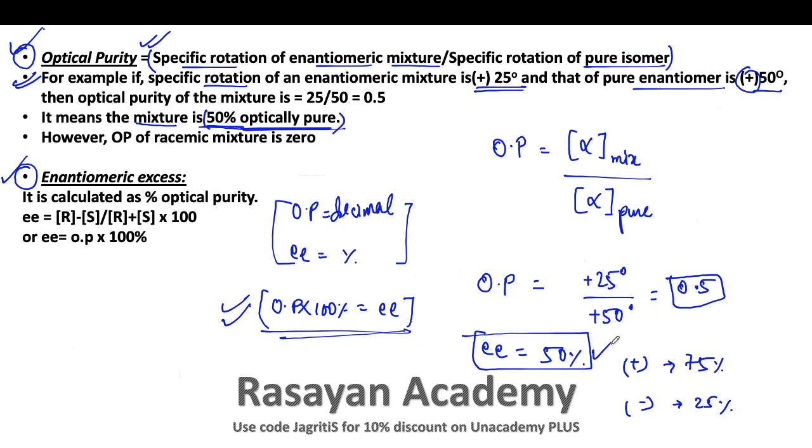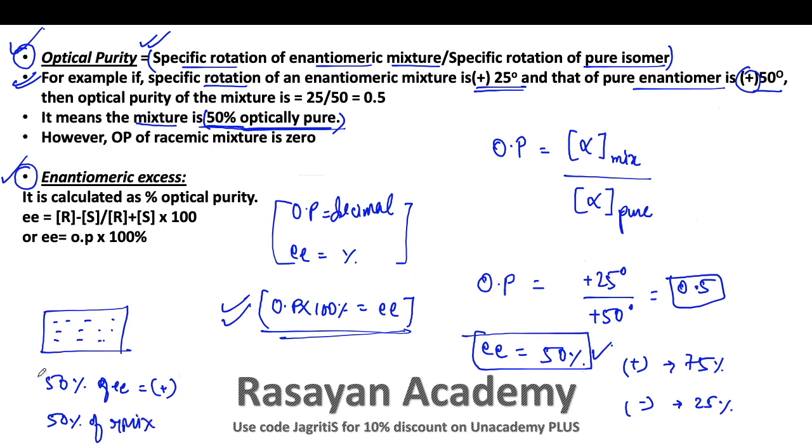When I said enantiomeric excess is 50%, it means that in your sample, you are having 50% enantiomeric excess of the positive isomer, let's say. That means the other part is there as a racemic mixture, which means that 50% of racemic mixture is present. How can I say that? 50% enantiomeric excess, that is, this 50% is pure positive isomer.